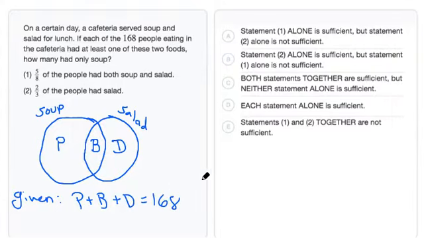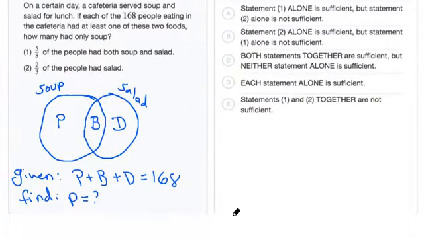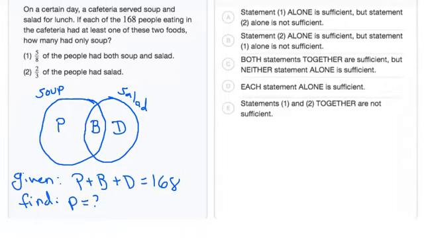We need to determine if we have enough information to find the value of people that had only soup. So we're essentially looking for whether we have enough information to find the value of P. We don't actually need to determine that value. We just need to be able to determine that value.